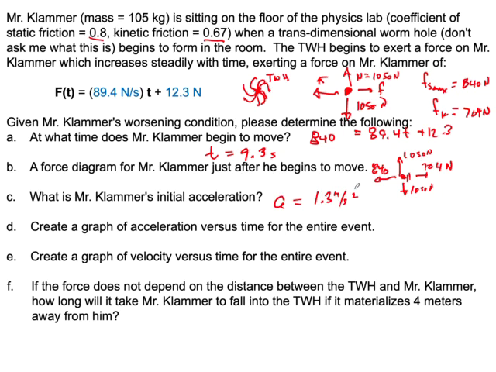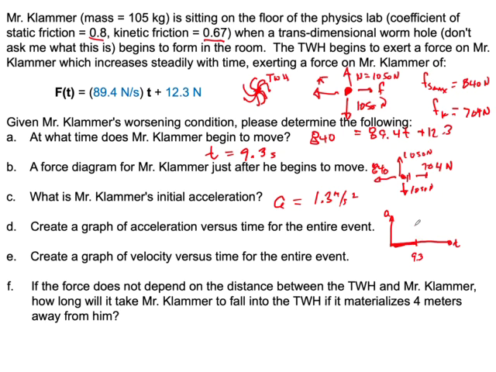A graph of my acceleration versus time for the entire event. So what's going to happen here? Acceleration versus time. Until I reach that 9.3 seconds, my acceleration is actually going to be 0.